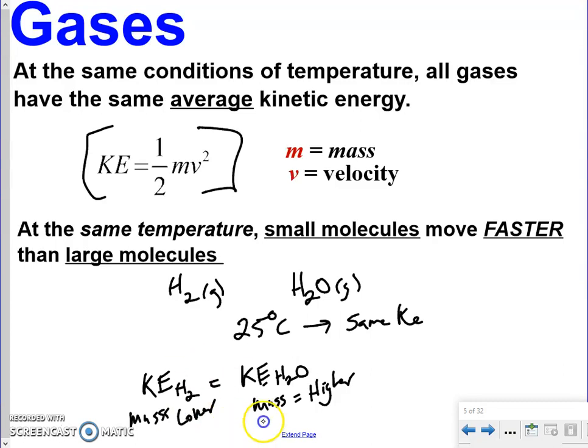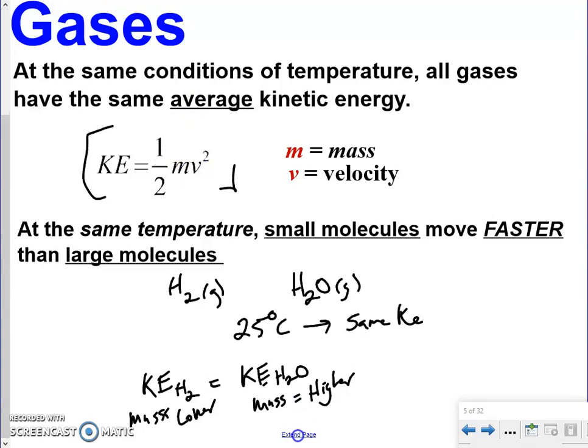If these two have to equal the same number, what's changing is our velocity. If I decrease my mass to get the same kinetic energy, I have to increase my velocity, and vice versa. If I increase my mass, I have to decrease my velocity.